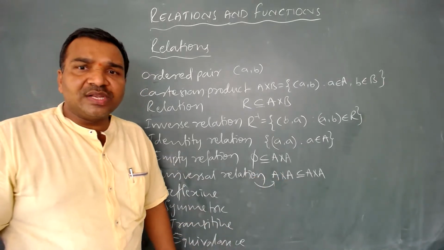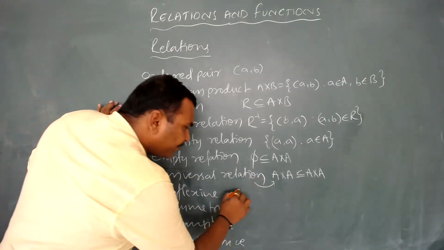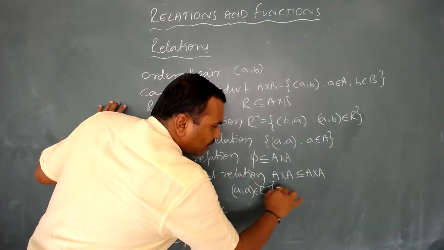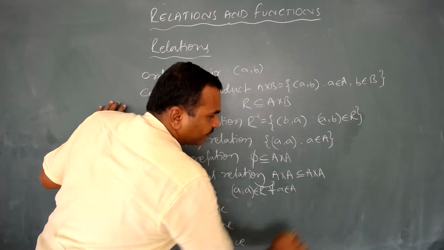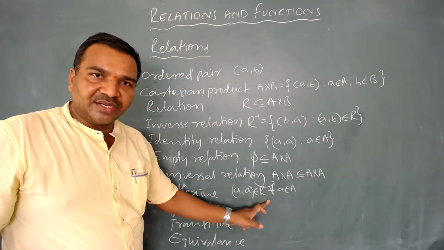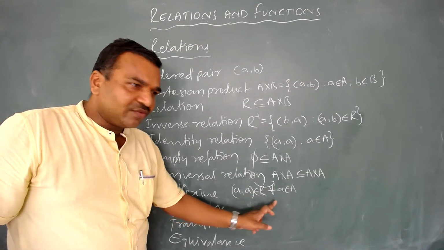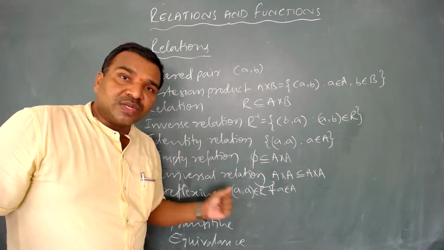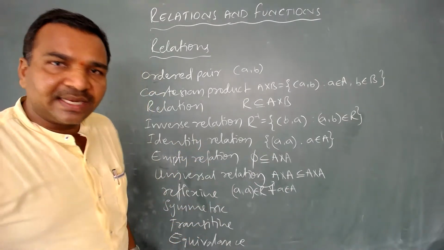Next, reflexive relation. What is reflexive relation? A comma A belongs to R for all A belongs to A. Okay. If any relation R satisfies this condition, that is A comma A belongs to R for all A belongs to A, then R is said to be reflexive relation. Next, symmetric relation.